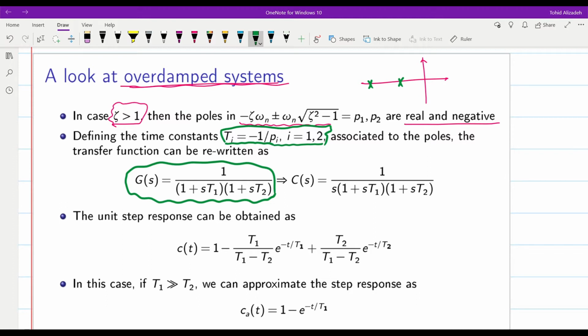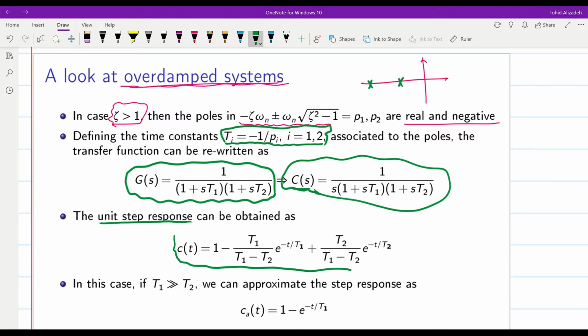And therefore C of s will be 1 over s times G of s, and then we can find the unit step response of the system in the time domain. We will get it written as here: 1 minus T1 over T1 minus T2 times e to the power of minus t over T1 plus the third term.